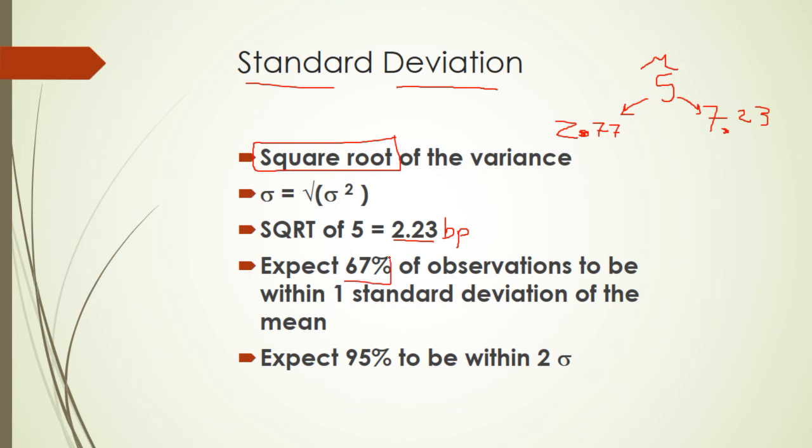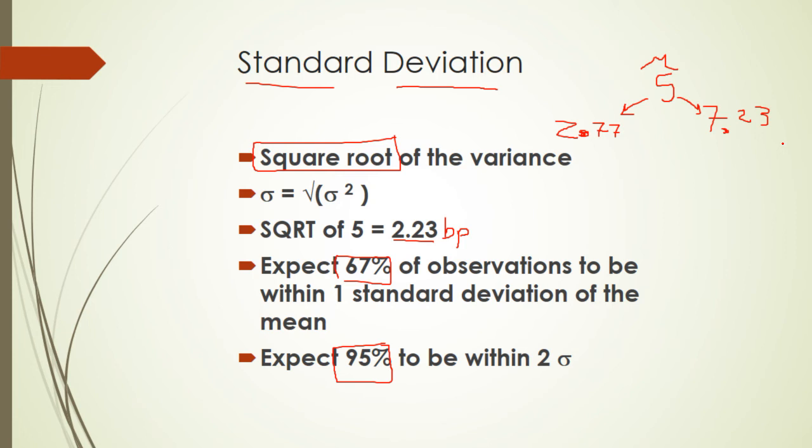2/3 of the time, from our numbers 2, 4, 6, and 8, which are the last 4 months, we conclude that 2/3 of the time, the number of stolen backpacks will be between 2.77 and 7.23. And 95% of the time, it'll be within 2 standard deviations, so basically between 0 and 10 stolen backpacks.